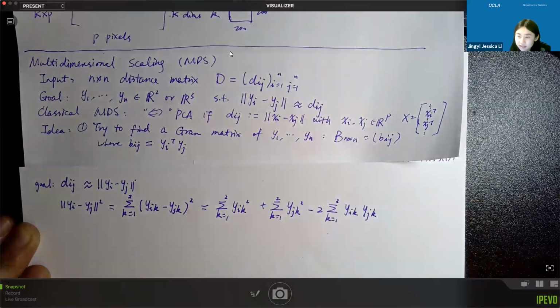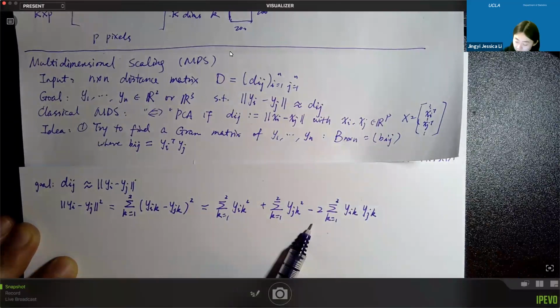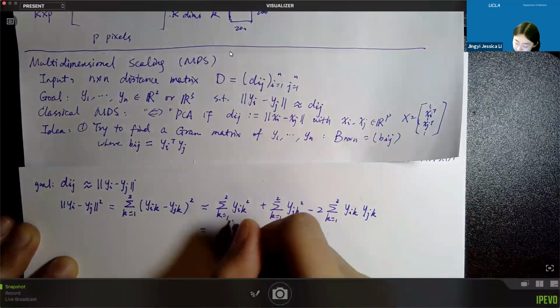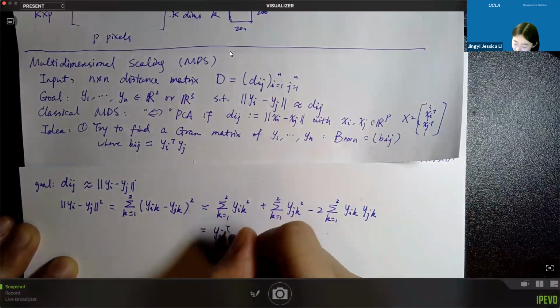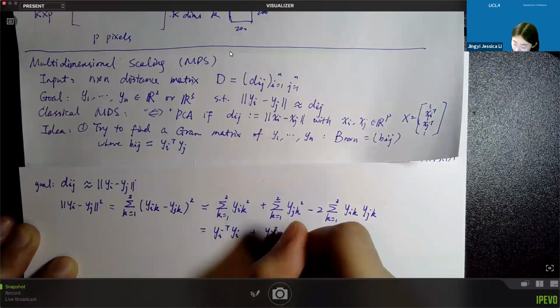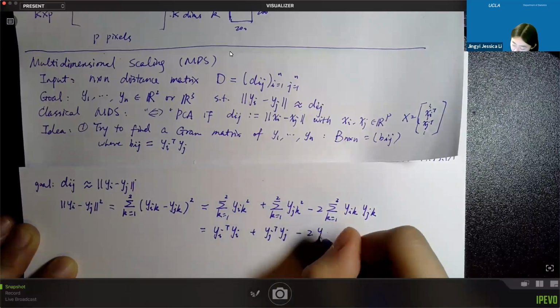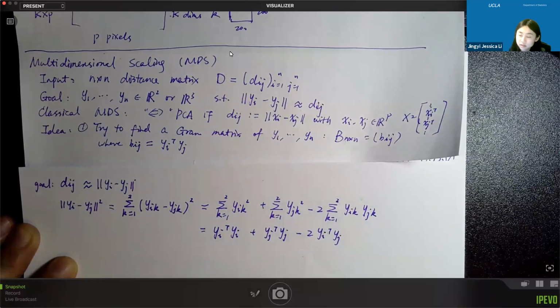We can write this in this way. And this actually can be connected to inner products. We know the first term can be written as yi transpose yi. The second term is yj transpose yj. And the third term is minus 2 yi transpose yj, right? So we have this.